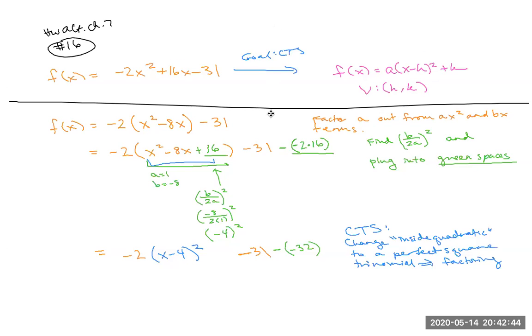Okay, let's bring this a little bit closer to the rest of the equation. There we go. All right. So the whole goal of completing the square, you're adding some value to your quadratic and then making that quadratic into a perfect square trinomial by factoring.